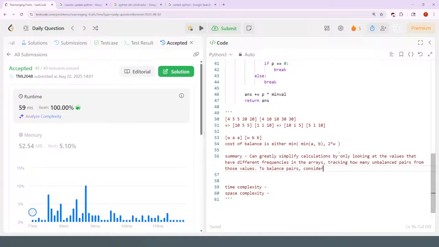Pairs. Consider that you can use the smallest balance value in the array twice, or the smaller of the smallest and largest unbalanced pair values.